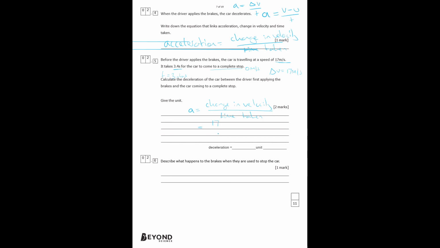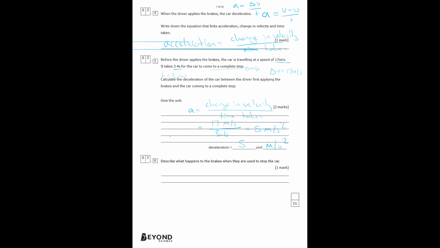We've established our change in velocity as 17 meters per second, and that occurred over a time of 3.4 seconds. 17 divided by 3.4, is it 5 exactly? Yeah, it says 5 exactly. So 5, and the unit is meters per second squared for acceleration. 5 meters per second squared.